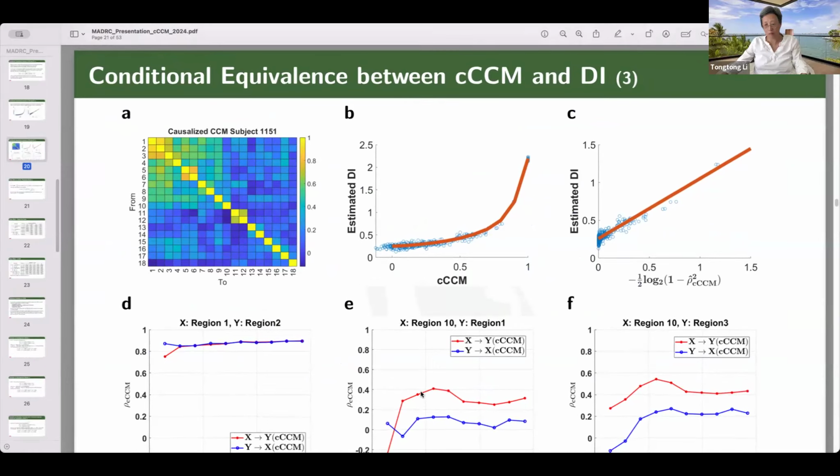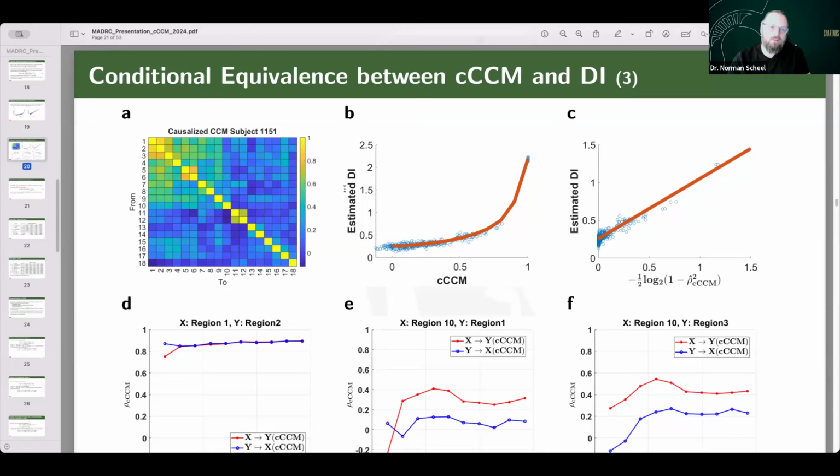I'm sorry to interrupt you, Norman. This is just for this particular subject, subject 1151. I would like to report that when we consider the average, we did observe some strong bidirectional causality between some regions, but we did not observe strong unidirectional causality in the DMN network.